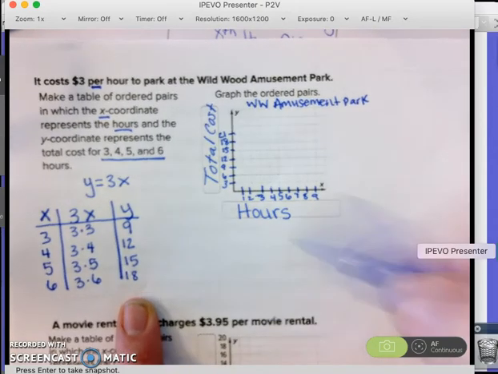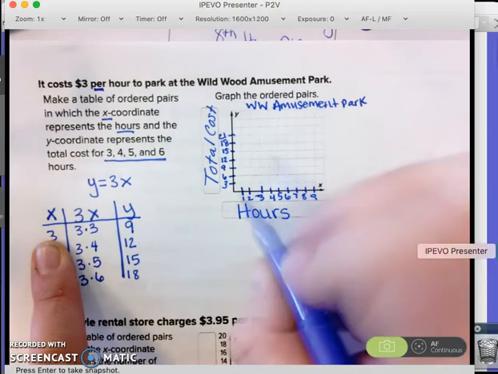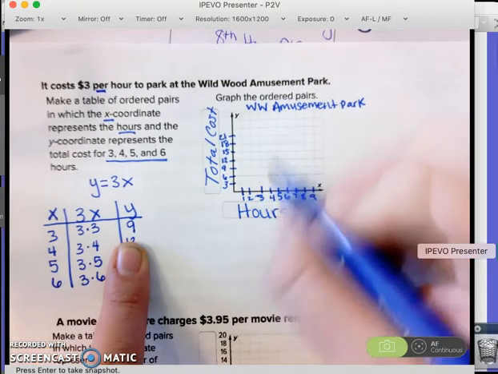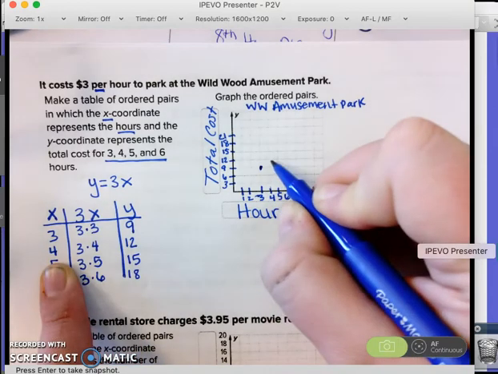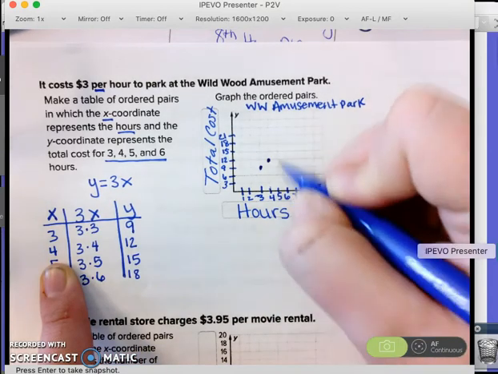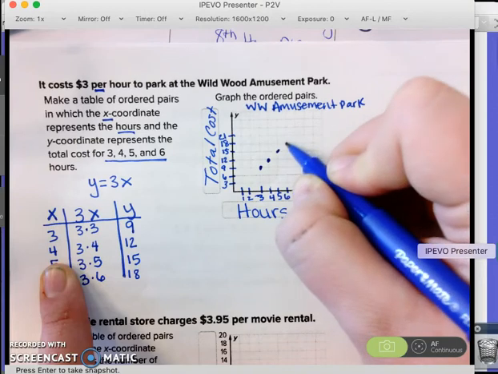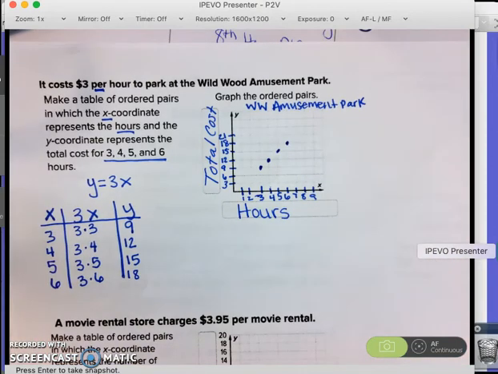Then we want to graph our points. So 3 hours will cost us $9. So over to 3 and up to 9. Over to 4 and up to 12. Over to 5 and up to 15. So on and so forth. Did we answer all the questions? I think we did.